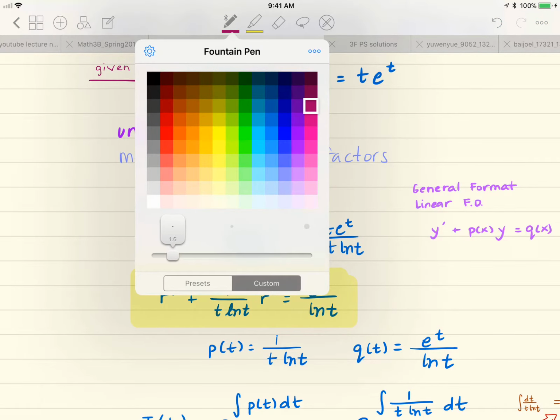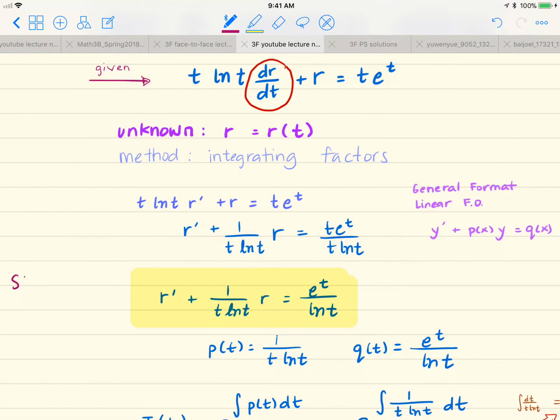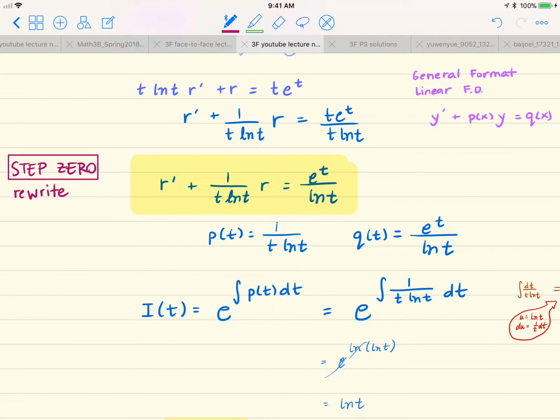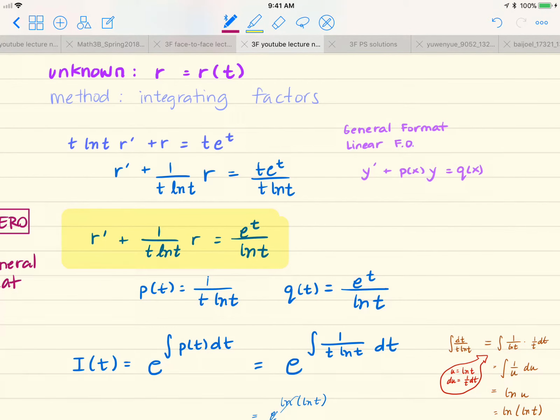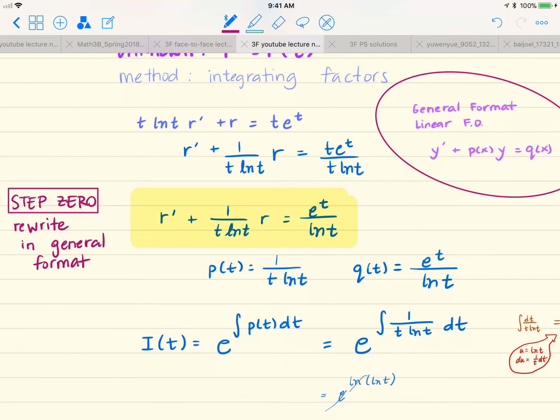Step 0 is to rewrite the equation in general format. And what's the general format? Again, the general format is y prime plus p of x y equals q of x. So that's step 0.